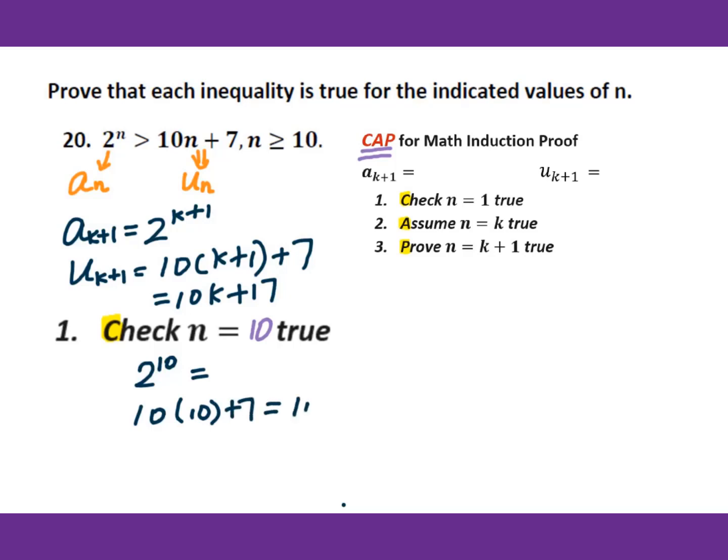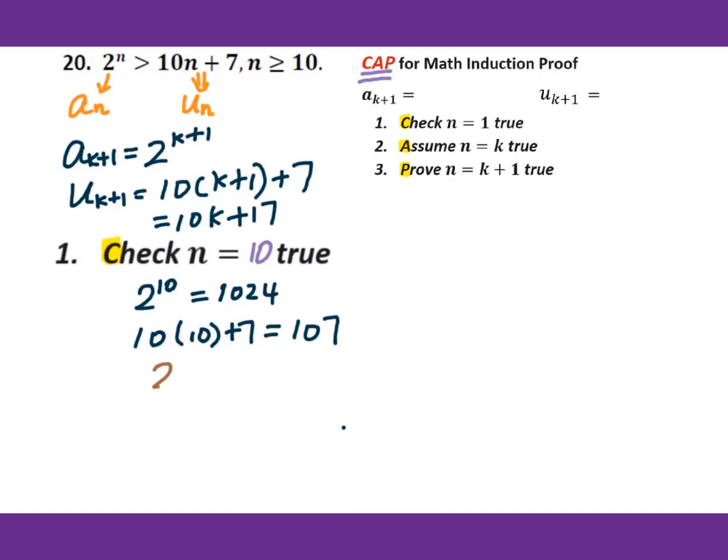This one equals 107. 2 to the 10's power is 1024. Therefore, 2 to the 10's power is greater than 10 times 10 plus 7, which means n equals 10 is true.